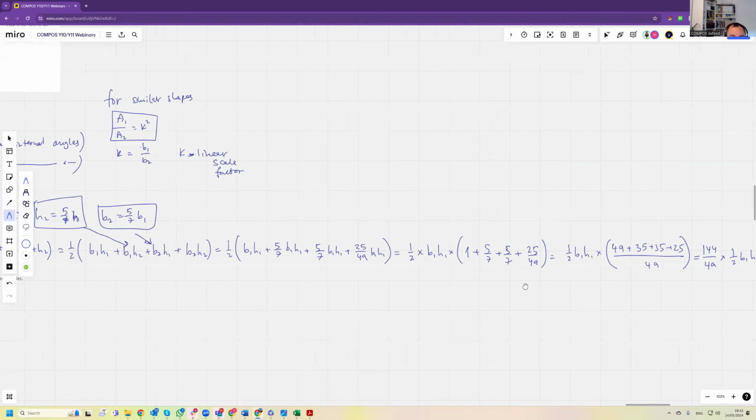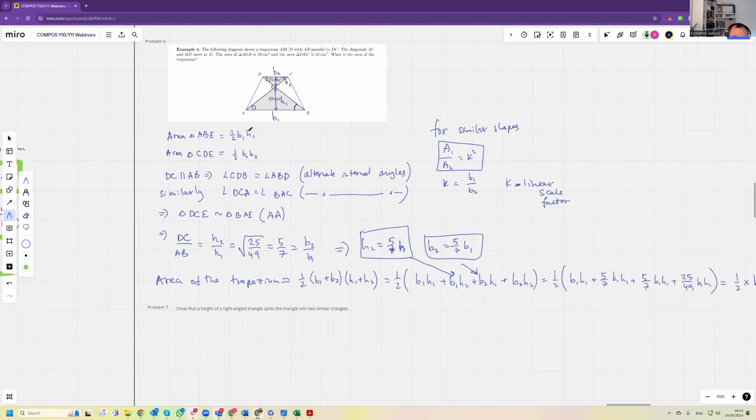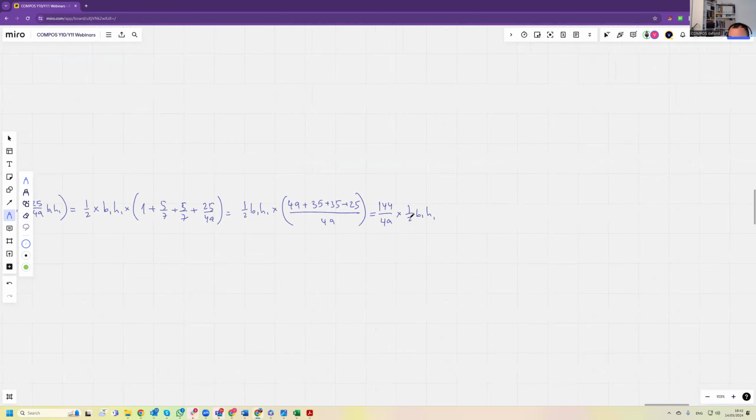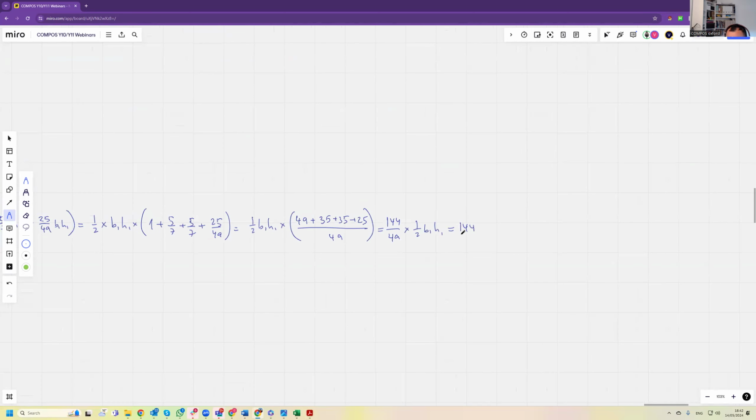But 1/2 B1 H1 is the area of the bottom triangle, which we already know is 49. So that's equal to 144 over 49 times 49, which is 144 square centimeters.